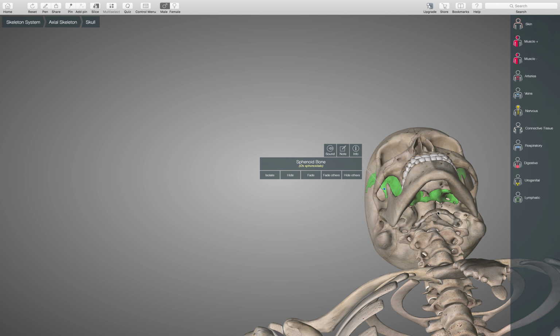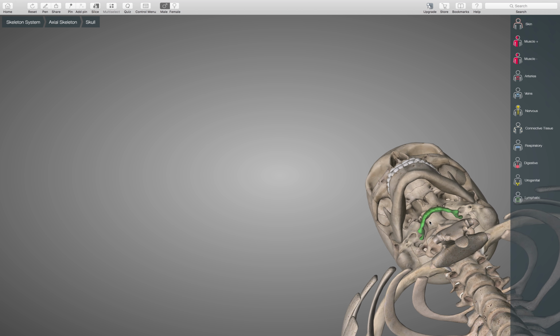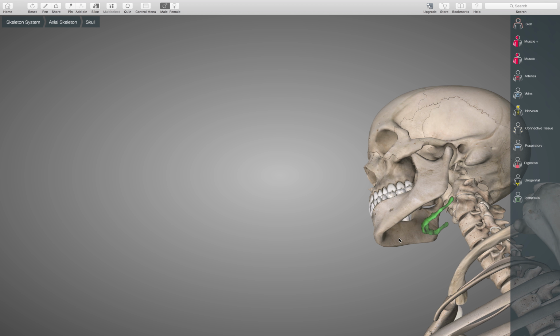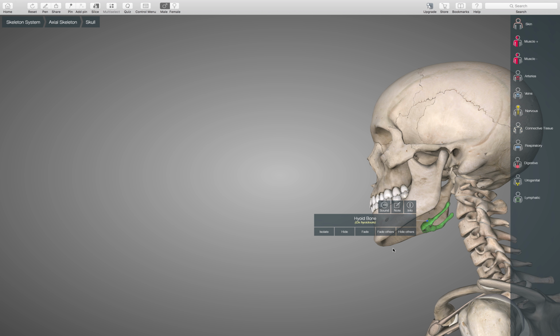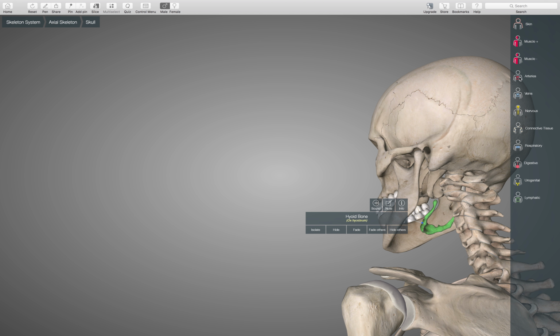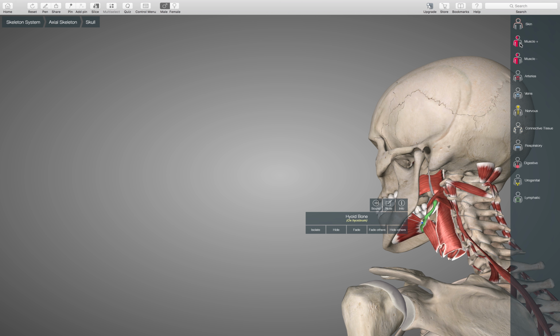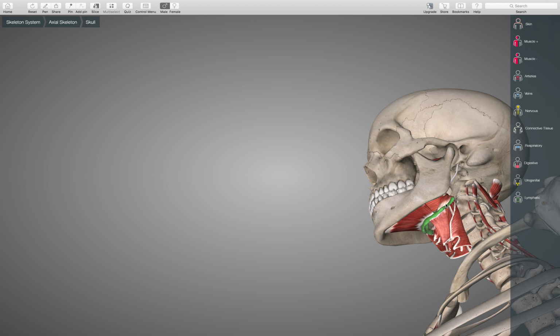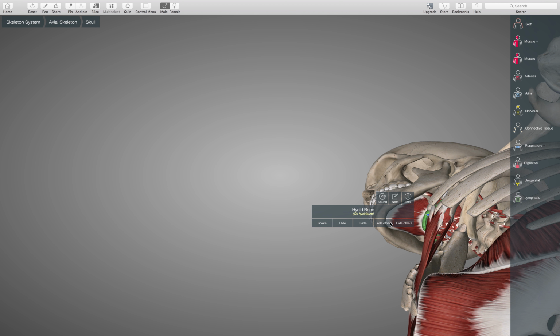And the bone here is the hyoid bone. This bone is a bone that isn't bound to any other bone. It's like our tongue is bound by it. If we add the muscles, we are able to see the tongue.